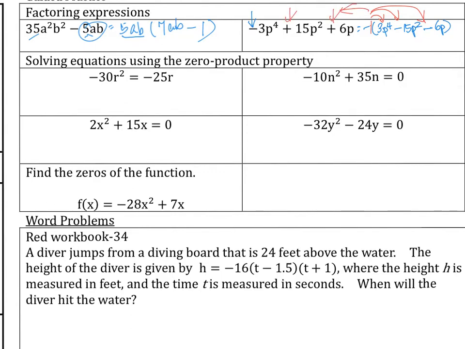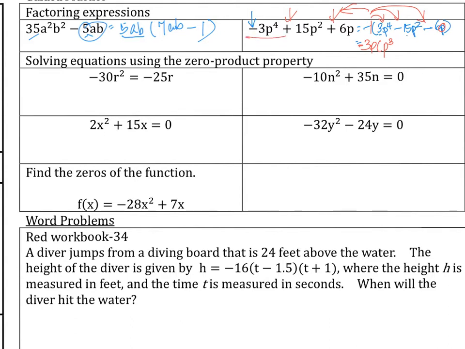And now you need to consider the monomials. Since you have a 3, 15, and a 6, the GCF is 3 between all the numbers, and the GCF between all the variables will be p. And don't forget your negative sign. Okay, so here I would do p cubed, because this will still give me negative 3p to the 4th power.